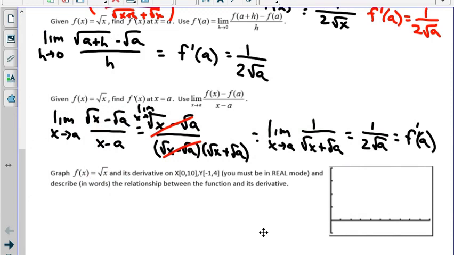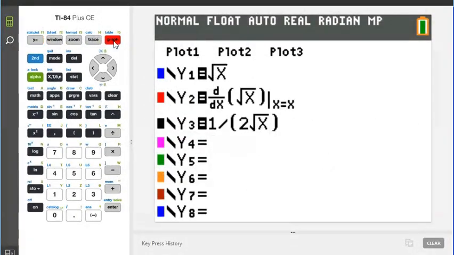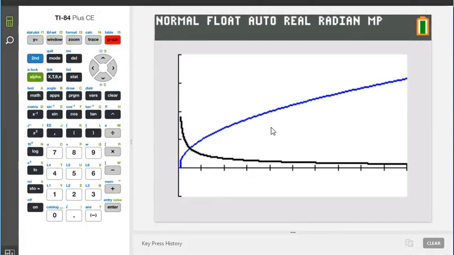Notice that the graph of the derivative was always the slope of the tangent line of the function. So if you look at the graph, for example, just take the value 2. If you look at what the slope is here, the slope is probably a little bit less than 1.